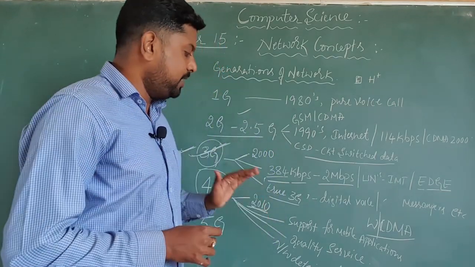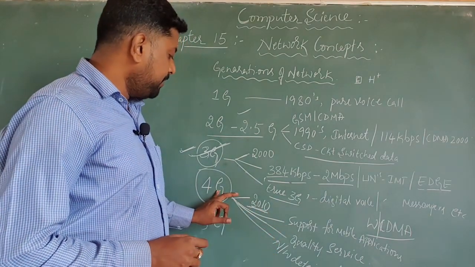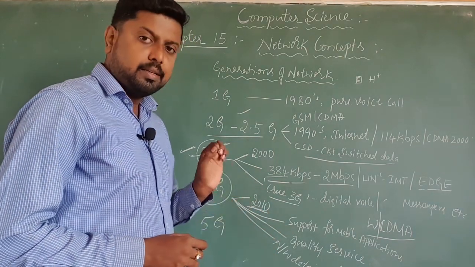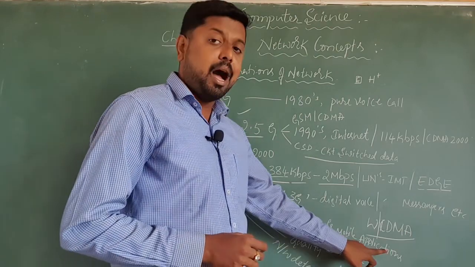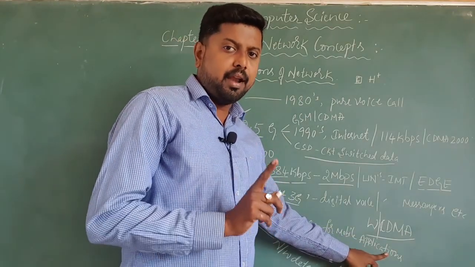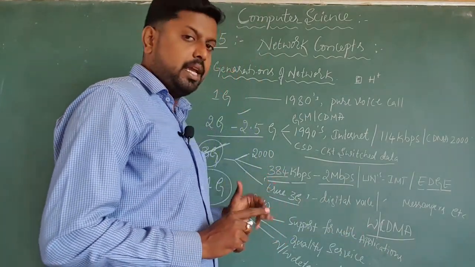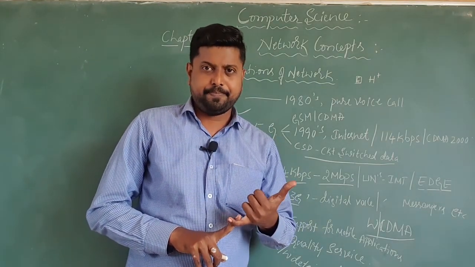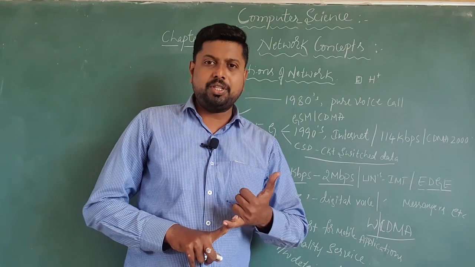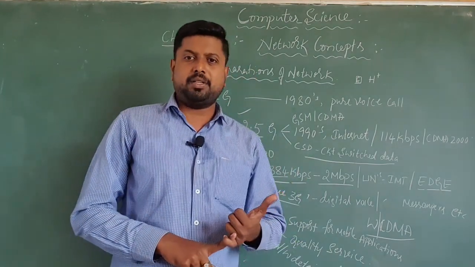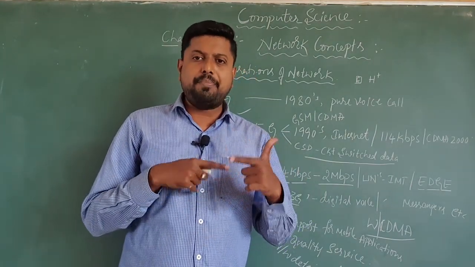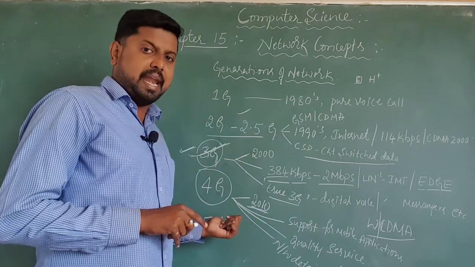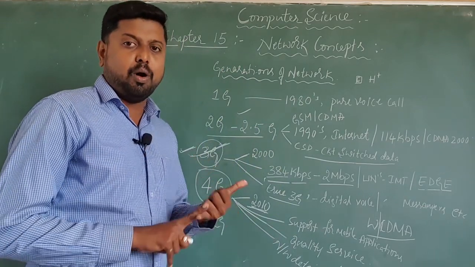What are the features? See them one by one. The 4th generation network supports mobile applications. The 3G does support them, but not as much as 4G. That's why, to overcome that problem, the 4th generation network supports mobile applications.